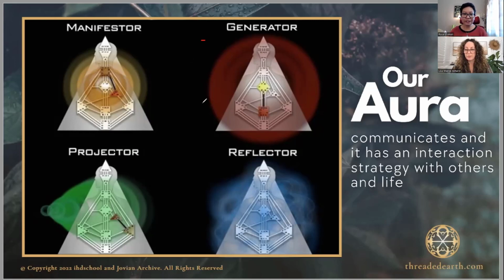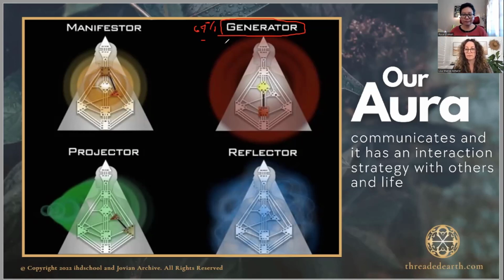Now let's take a look at the generator first, since we were talking about generators at the beginning. 67% of the population are generators. Generators' aura we call open and enveloping.